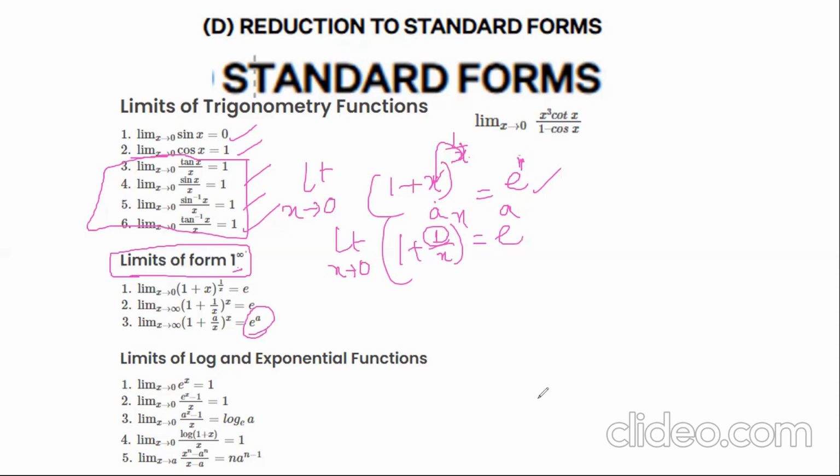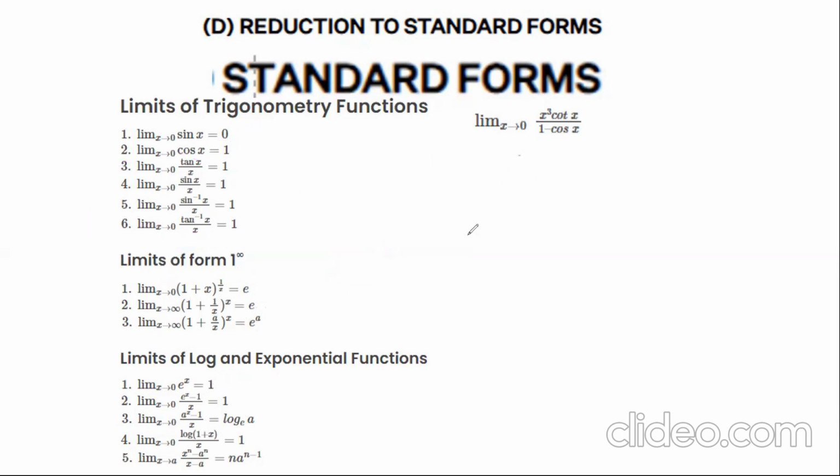What are those? The next one is limit x tends to 0, e power x is 1. Limit x tends to 0, (e power x minus 1) by x is also 1. This is a very important standard form. And a power x is also very, very important.